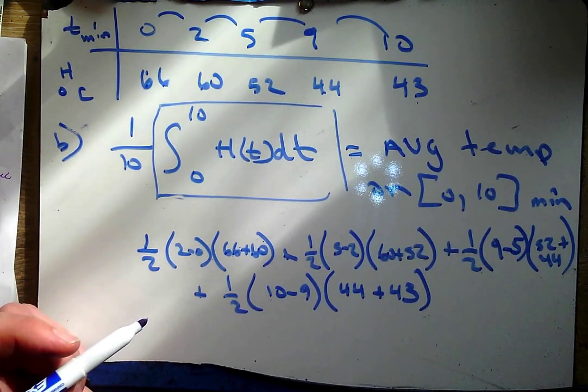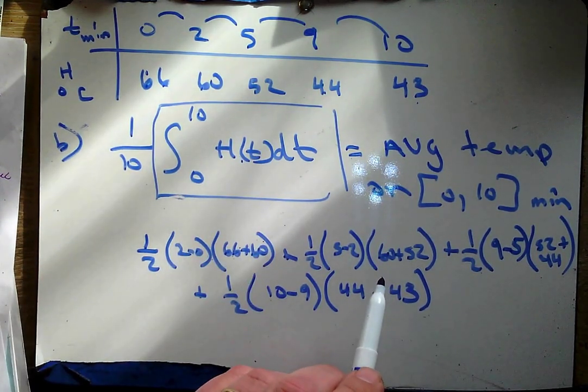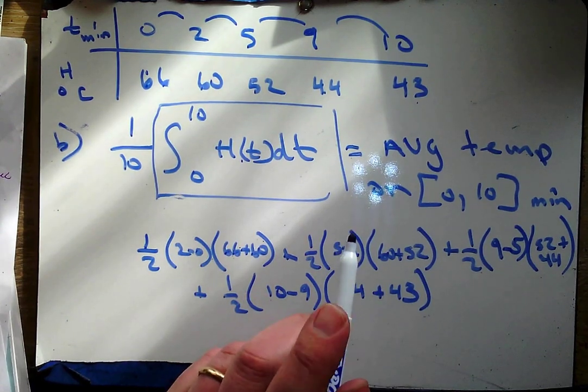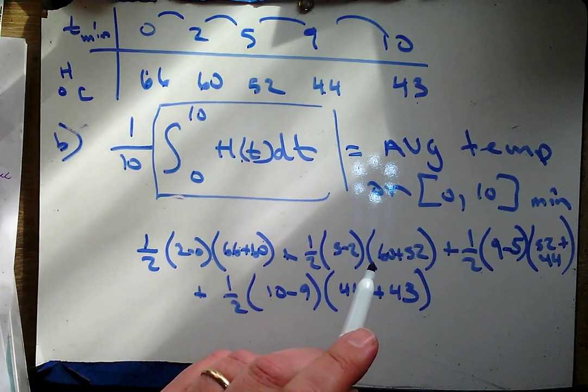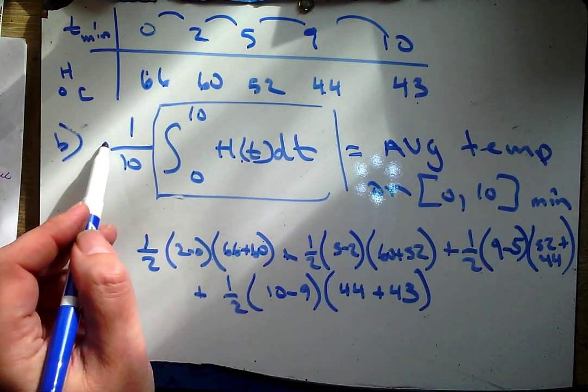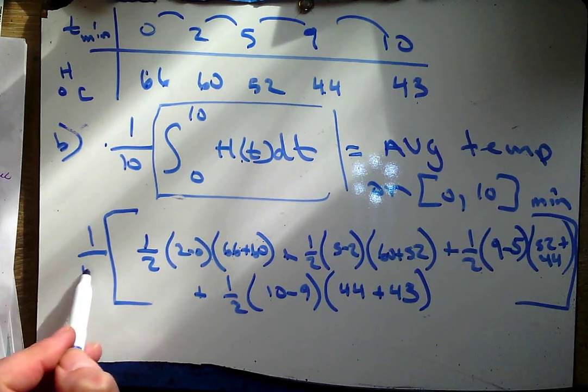Okay, now they ask us, use a trapezoid sum with 4 subintervals to estimate the value. Now, this is just this part. I can't tell you how many people in 2011 left this off. It's all of this divided by 10.